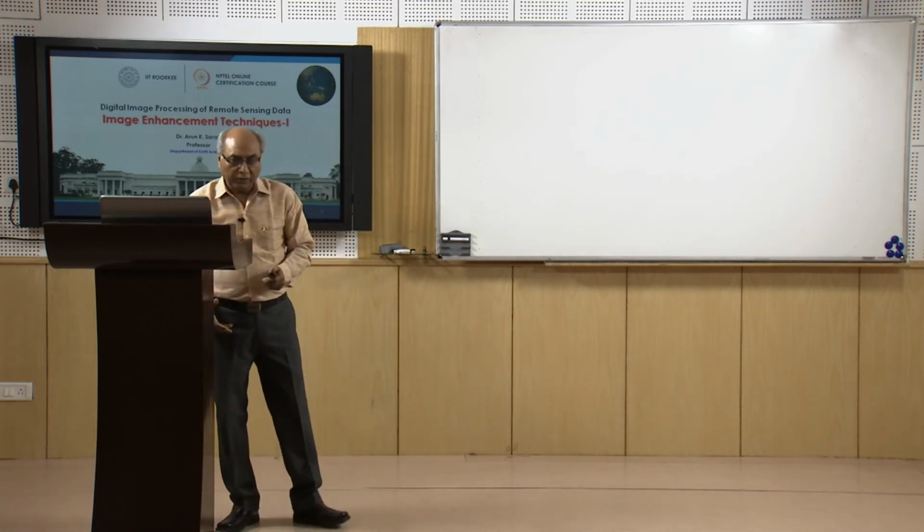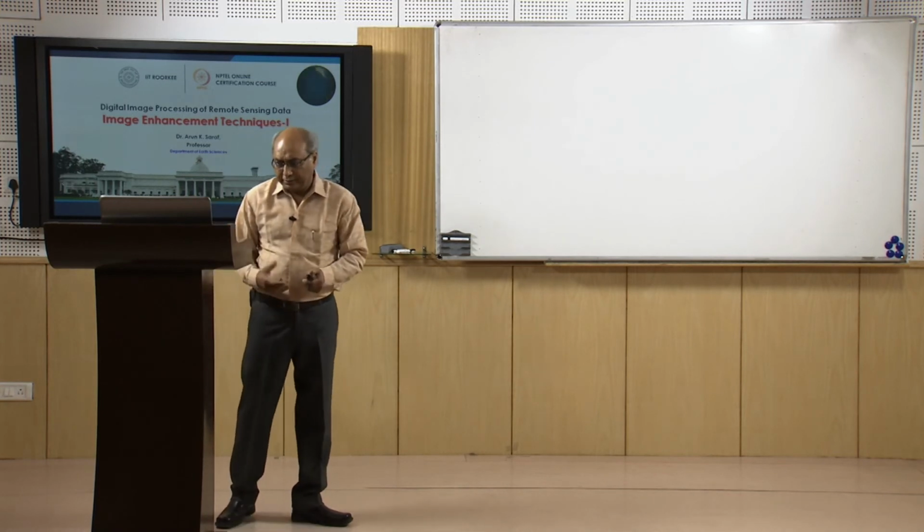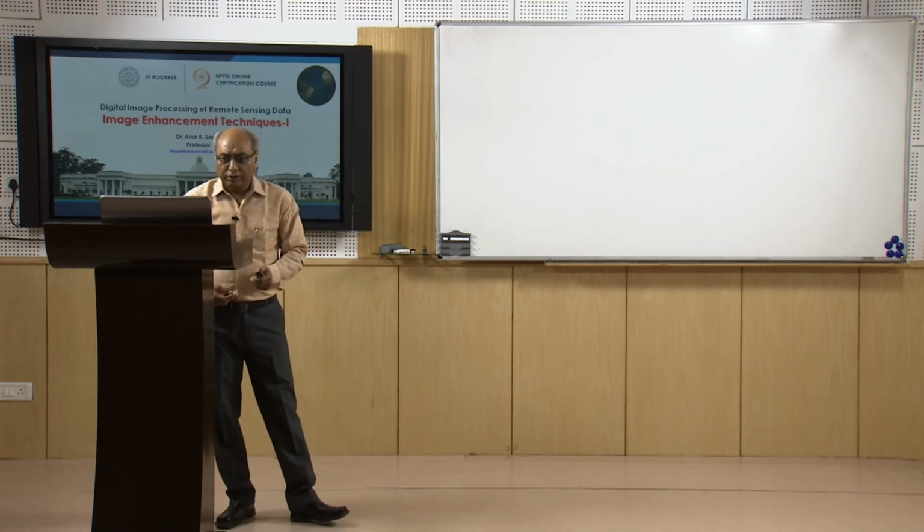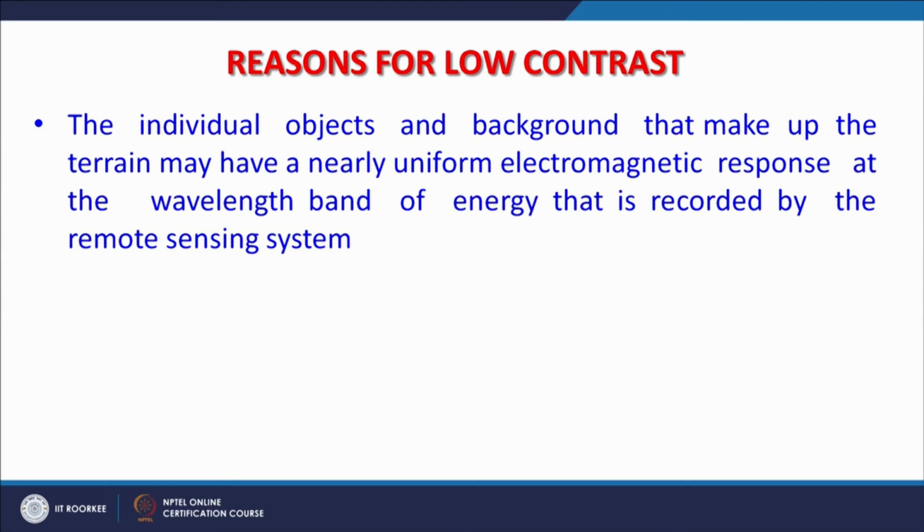Why do images suffer from low contrast? As I have been discussing, the individual objects and background that make up the terrain may have a nearly uniform electromagnetic response at the wavelength band of energy that is recorded by the remote sensing system.